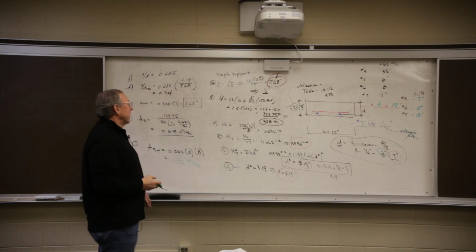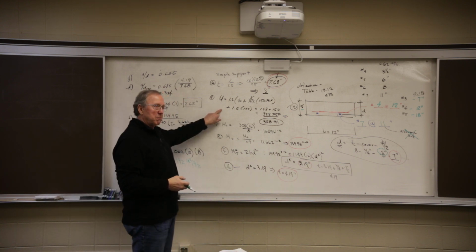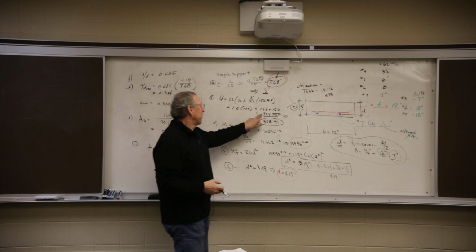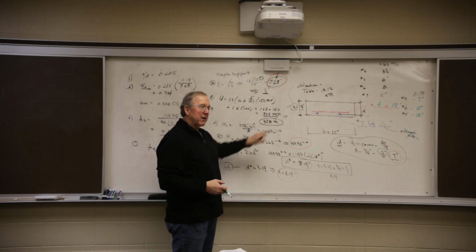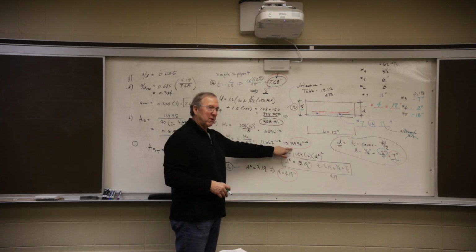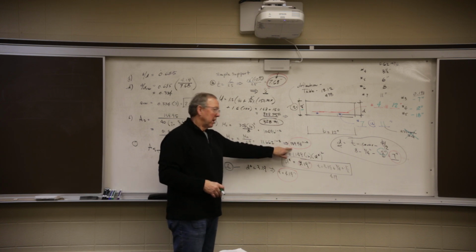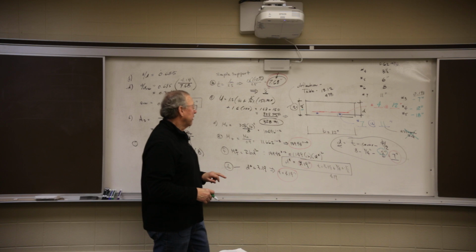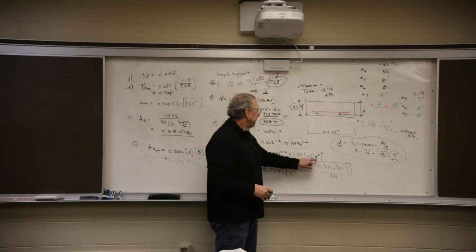We took our loading. We factored it. We changed it from pounds per square foot to pounds per foot based on a foot width of slab. We found the moment that it has to resist. We determined the thickness of the slab based on flexure.